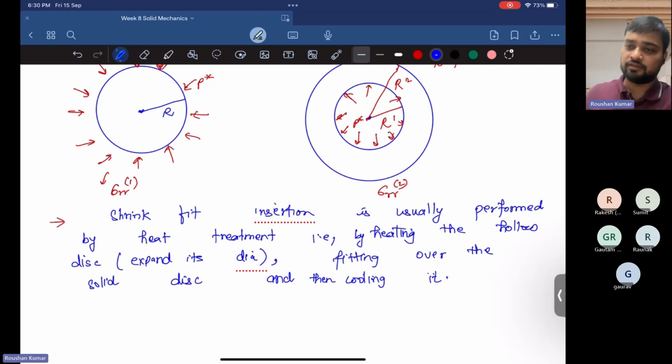After the insertion, both the disks are in the pre-stress condition, because without any external load, it is in tension or compression from inside, since we have forcefully inserted the solid disk into the hollow disk.